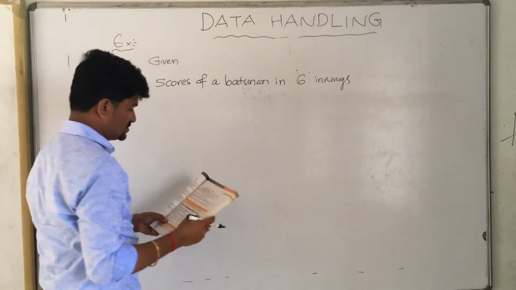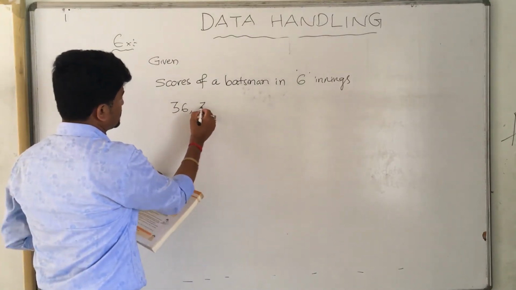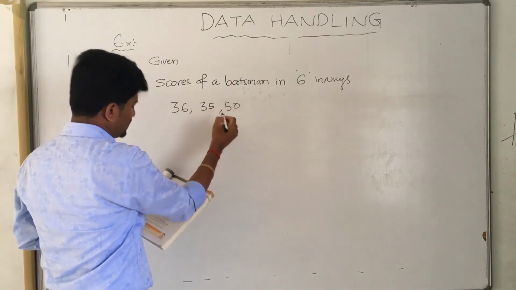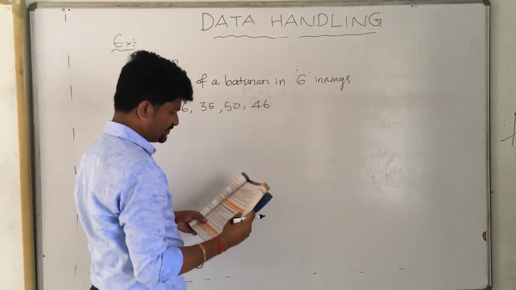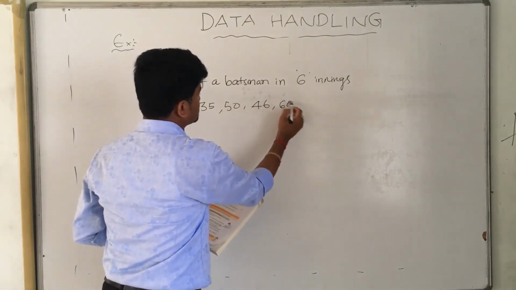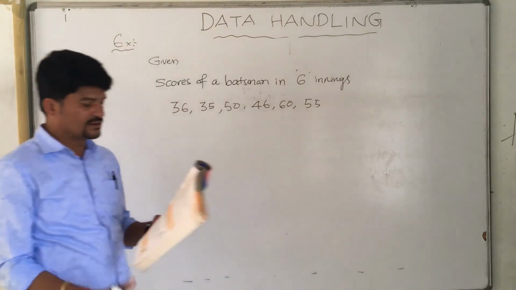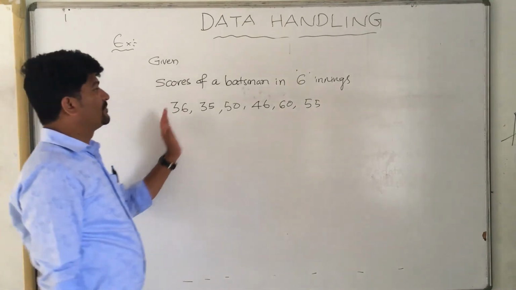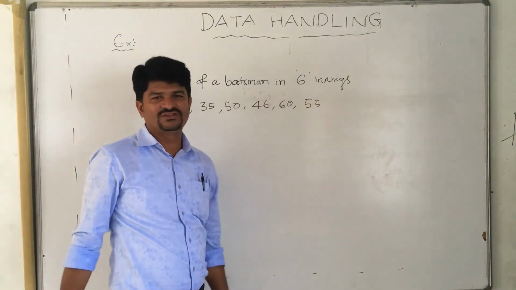What are those? First score 36 runs, 35 runs, and 50 runs, and 46 runs, and 60 runs, and 55. Okay, children, now we are going to calculate the mean, the average score of this batsman.